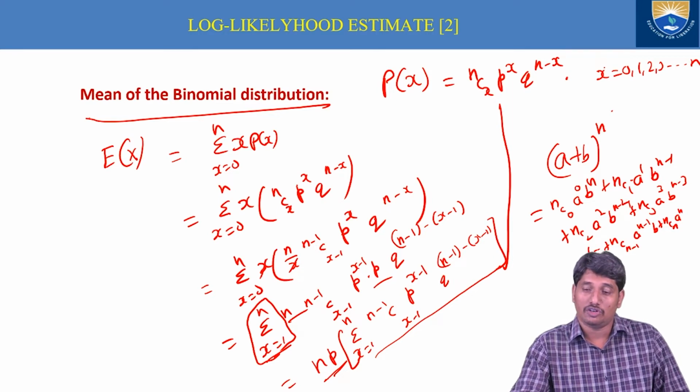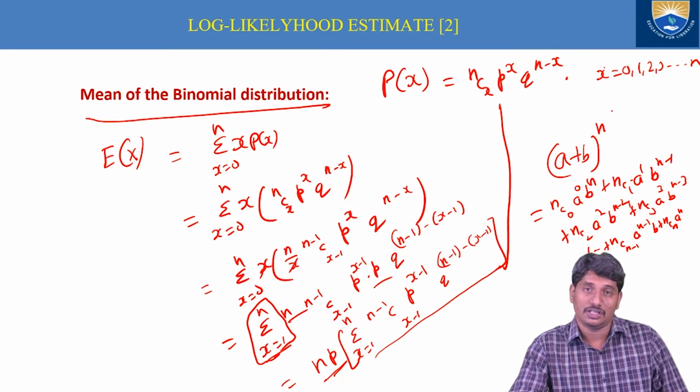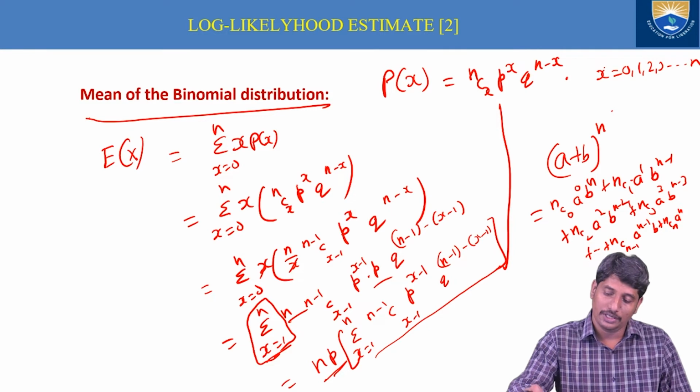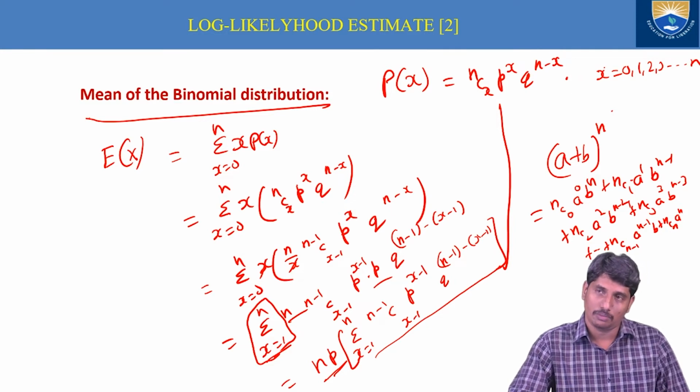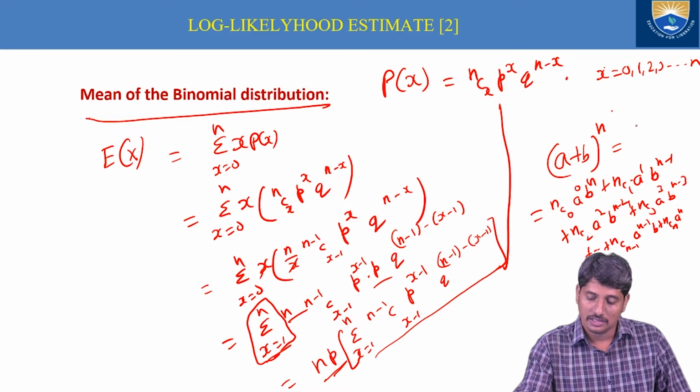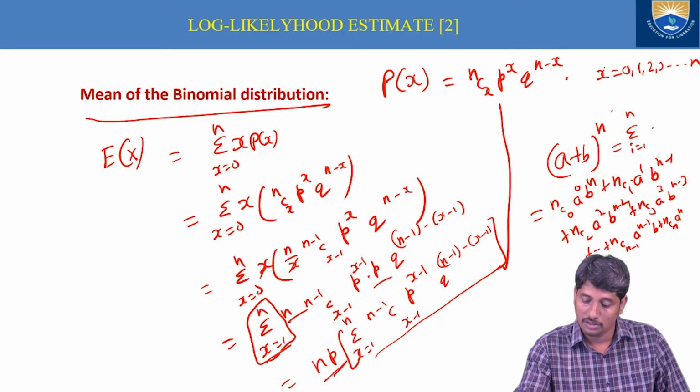This we call the binomial expansion. Okay, so this can be compactified as summation i is equal to 0 to n of nci a power i b power n minus i.